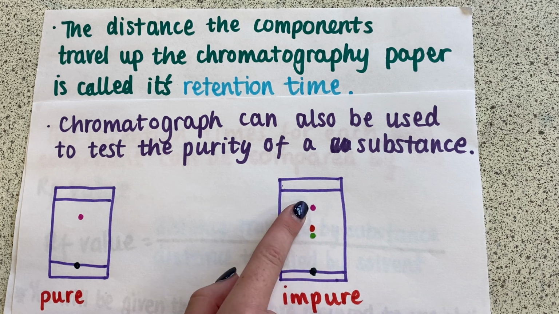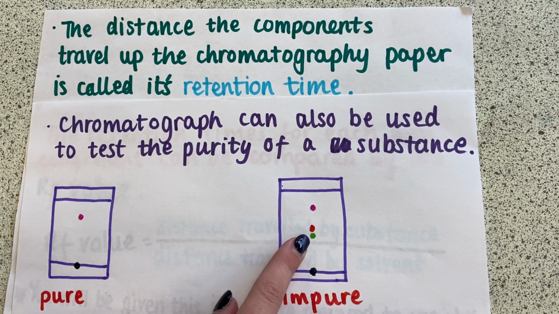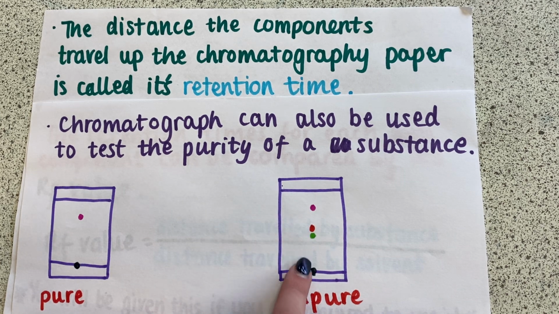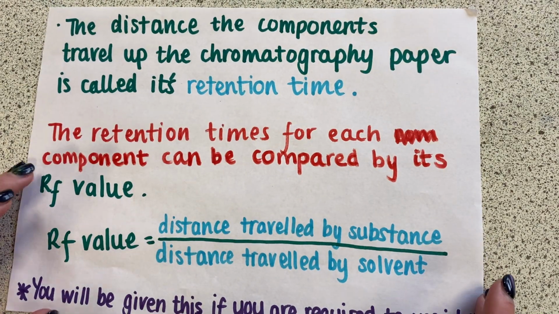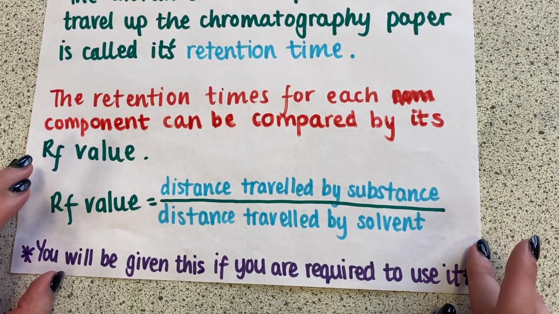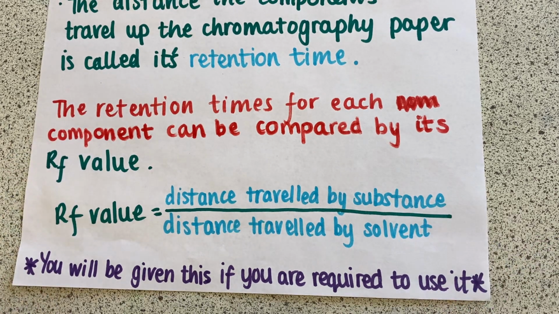This dot is going to have a higher retention time than this dot, because this one's travelled up further and been dropped off here, whereas this one's been dropped off further down. The components can be compared by calculating their RF value.